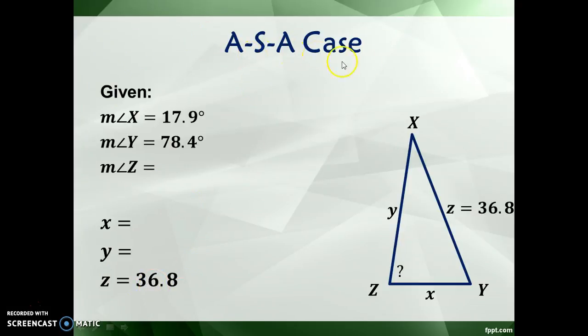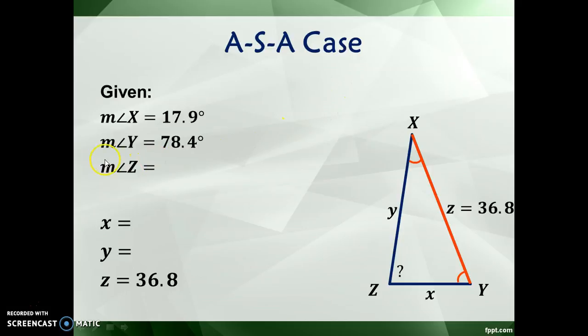Is that an ASA case? Let's see. We have the given angle X and also angle Y, and included in the two angles is this side z. So it is an ASA case. Therefore, we can apply the law of sines.